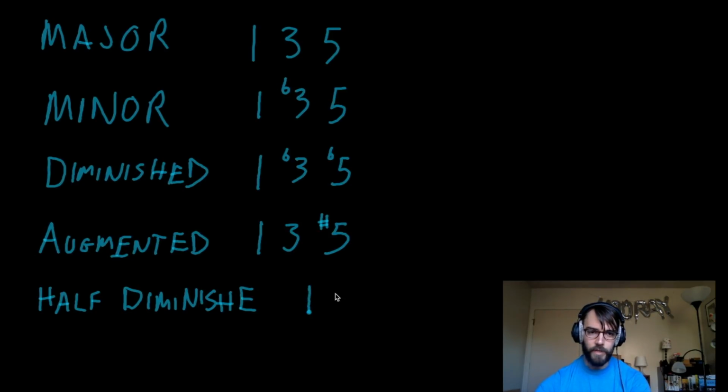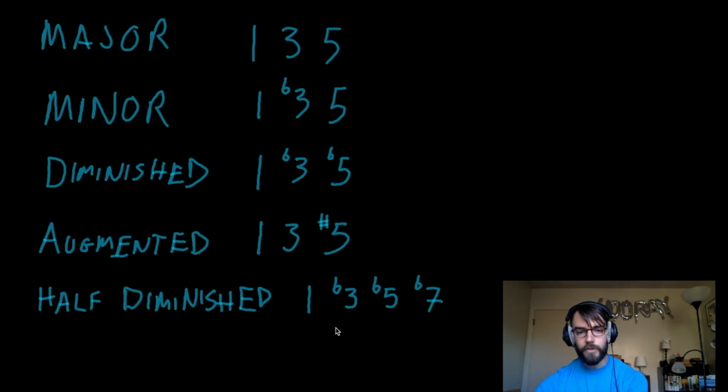In the case of half diminished, we have a 1, a flat 3, a flat 5, and we add a flat 7 to it. So you can see that at its core, we have a diminished chord, 1, flat 3, flat 5, but then we're also adding a flat 7.